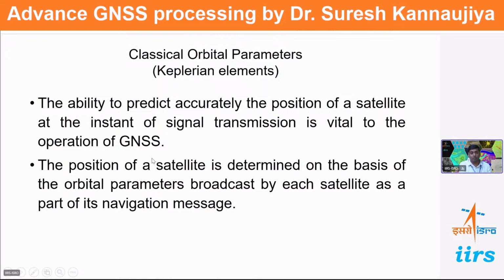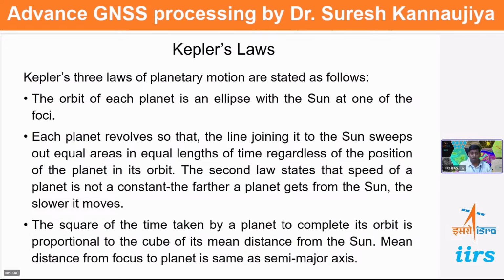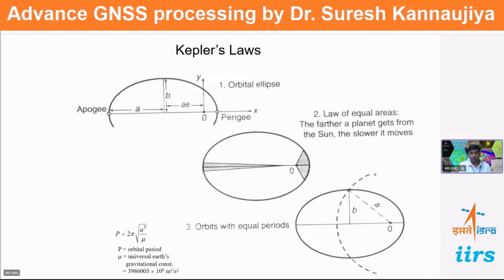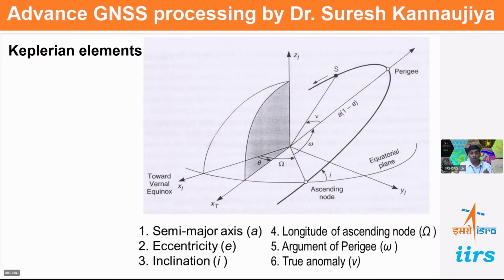So these are the Keplerian elements. There are basically 3 Kepler's laws: we know the orbital ellipse, the law of equal areas, and the law of orbital equal periods. So basically, these three Kepler's laws we use to estimate these unknowns: semi-major axis, eccentricity, inclination, longitude of ascending node, argument of perigee, and true anomaly.